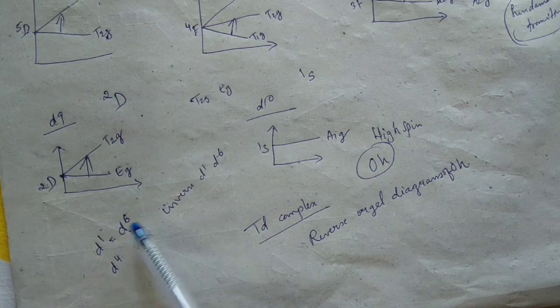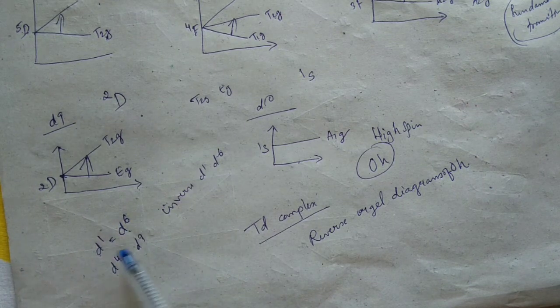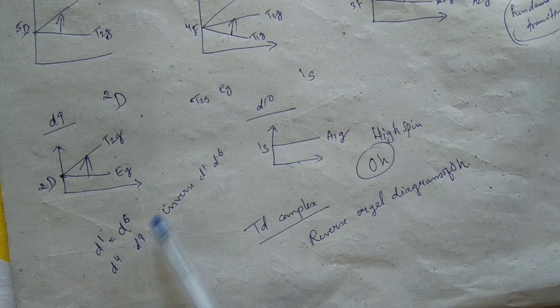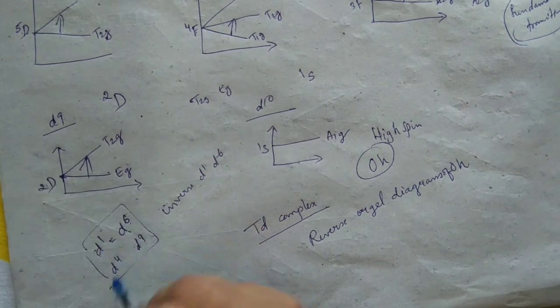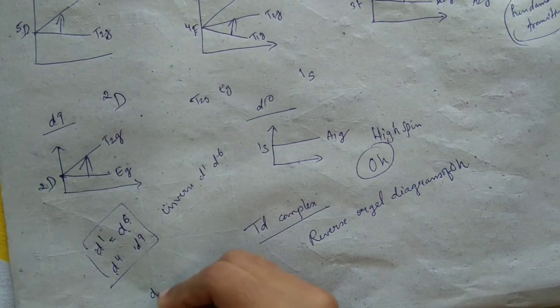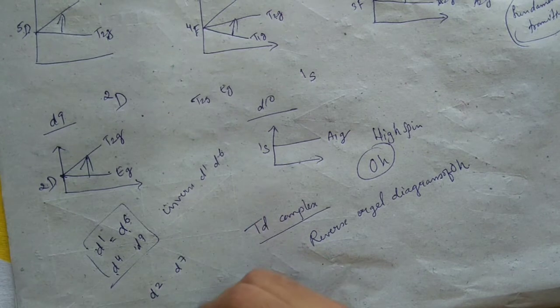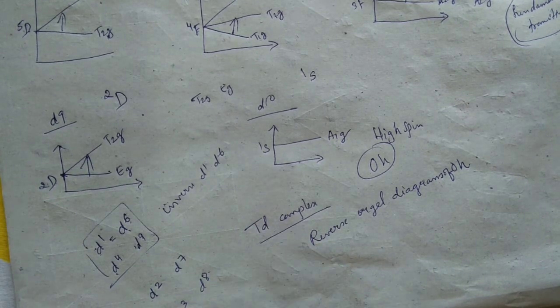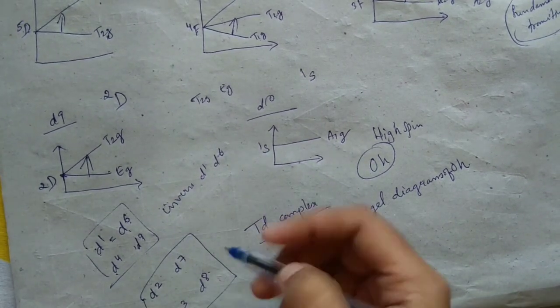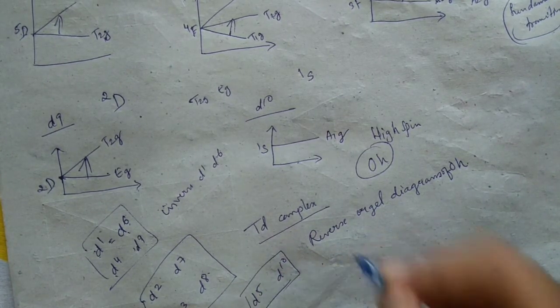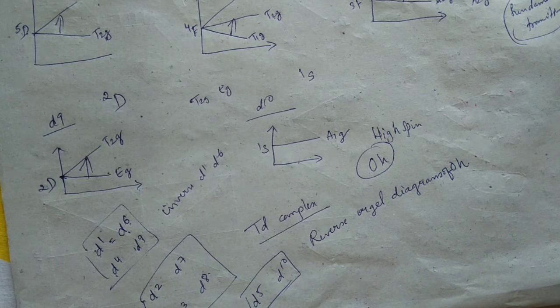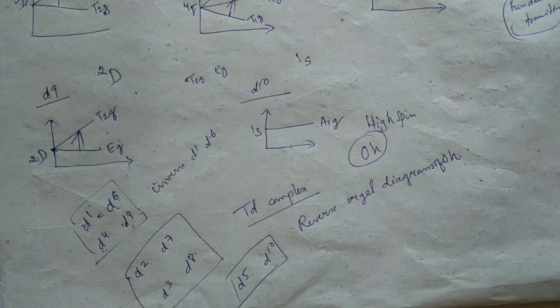So D1, D6 and D4, D9 are almost similar; D4, D9 is the inverse of D1, D6. Similarly D2, D7 and D3, D8 form another set. Then come D5, D10. So these are all the sets of Orgel diagrams: D1, D6, D4, D9, D2, D7, D3, D8 and D5, D10.